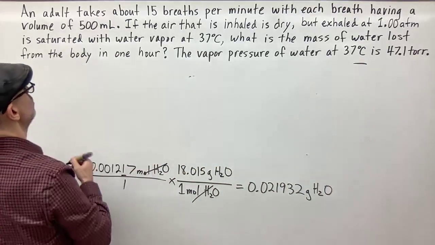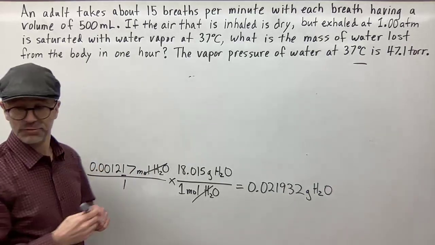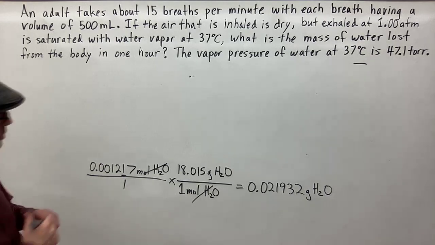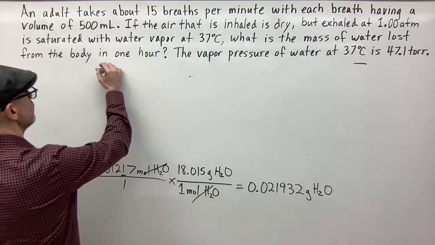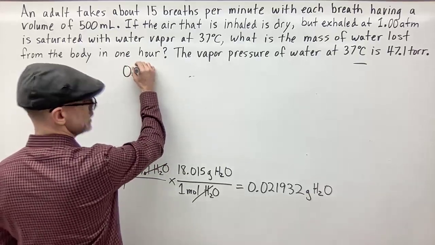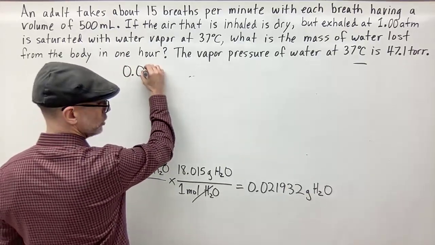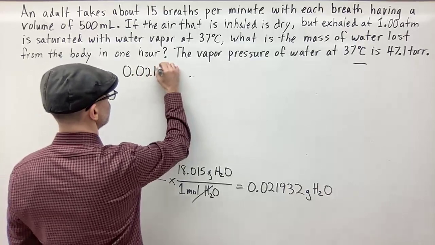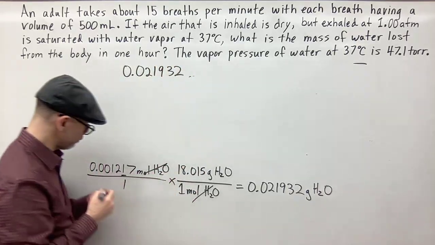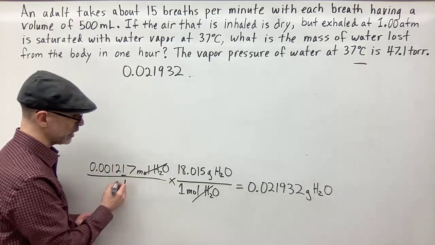So now I have my grams, right? So this is 0.021932. And remember sig figs. So here I have 3 sig figs.